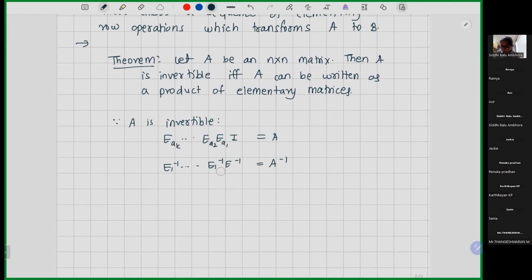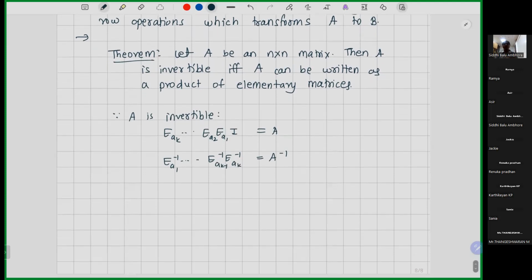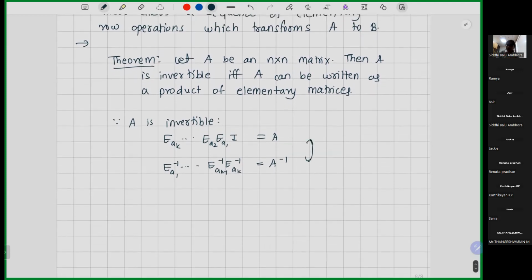When I'm writing A1, A2, AK, I mean they are all elementary matrices with a suitable linear transformation, which is giving me A. And similarly, this statement which I'm writing here is proved in the lecture, okay?